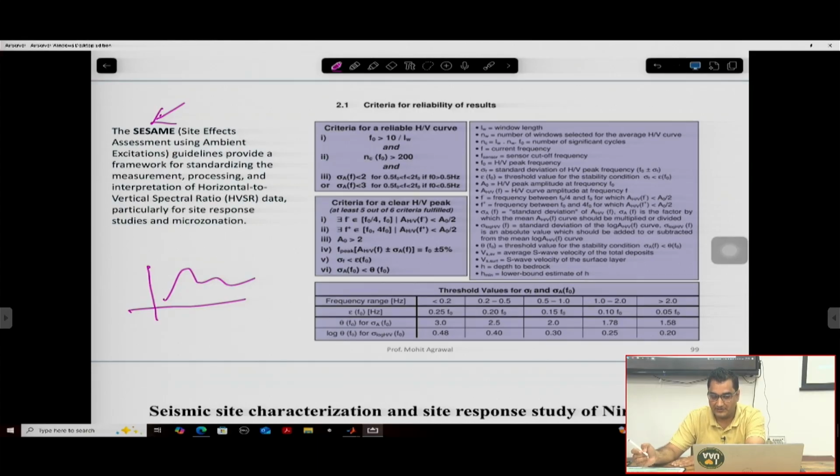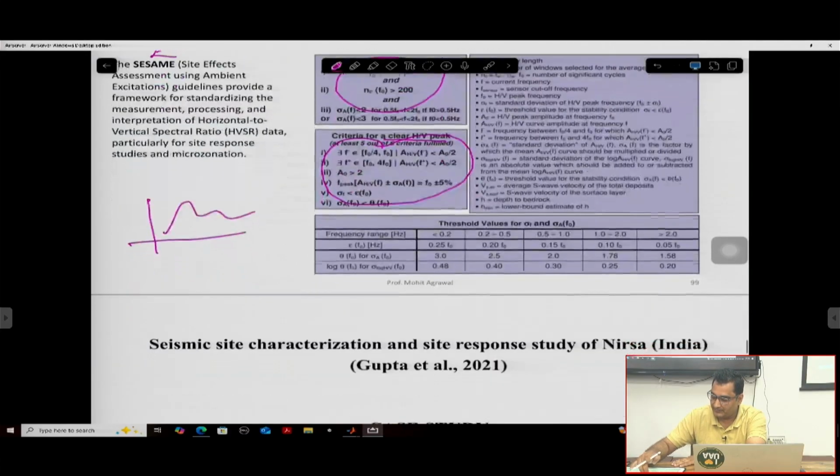And as per these guidelines, they have floated some criteria for estimating the reliable HVSR curve, and there is a criteria for the clear peak in the HVSR curve. Okay, so all these criteria need to be followed in order to have a greater accuracy of the HVSR amplitude that you are observing. So we will not go into the details of these.